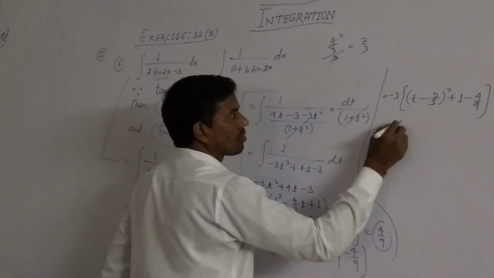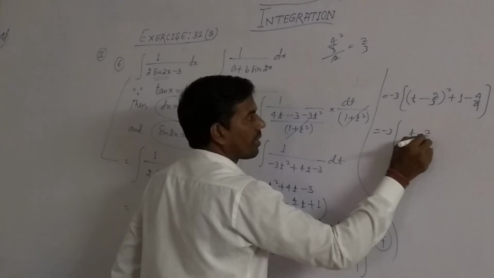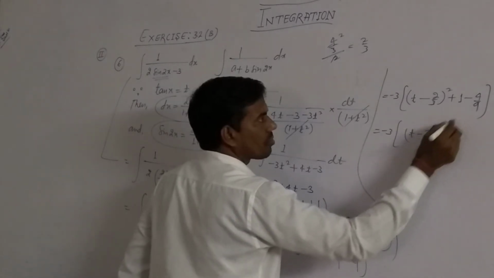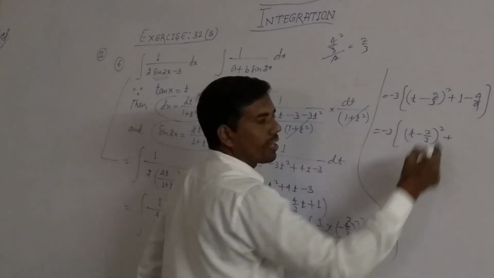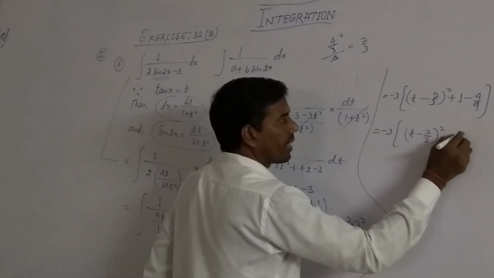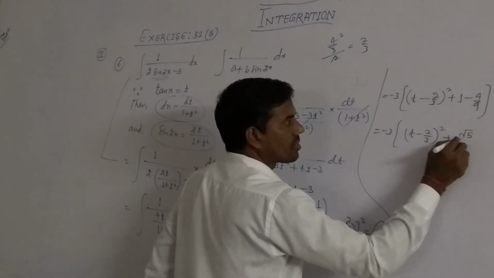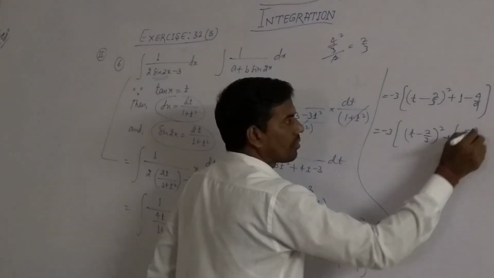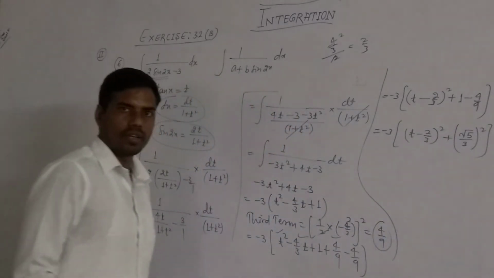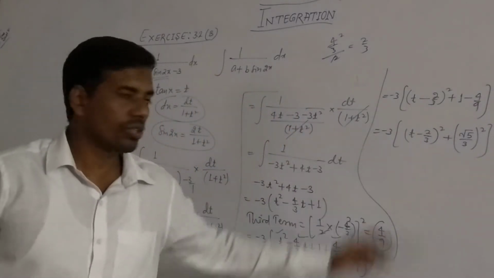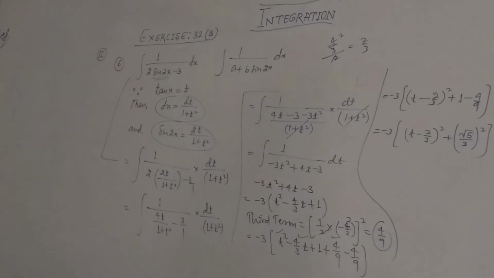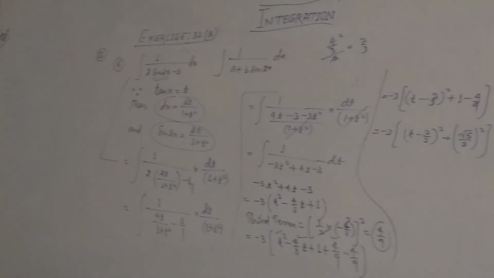So this is equal to minus 3 times t minus 2/3 whole square plus 9 minus 4, that is 5/9, which can be written as root 5/3 whole square. Clear? So this quadratic expression is converted into its perfect square form.